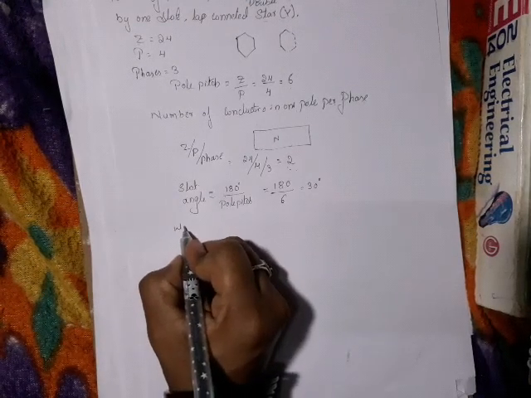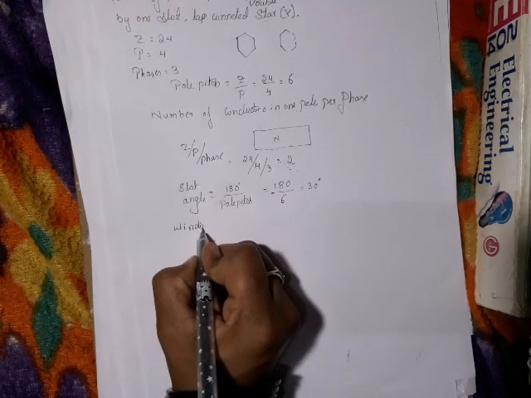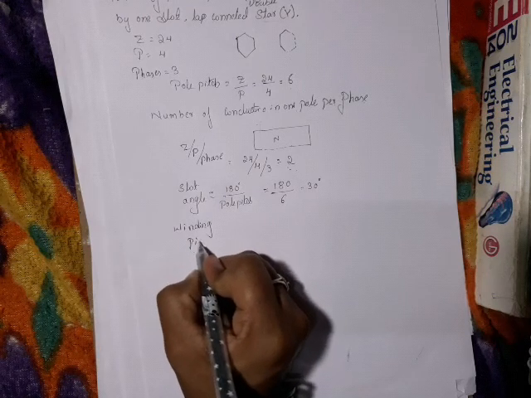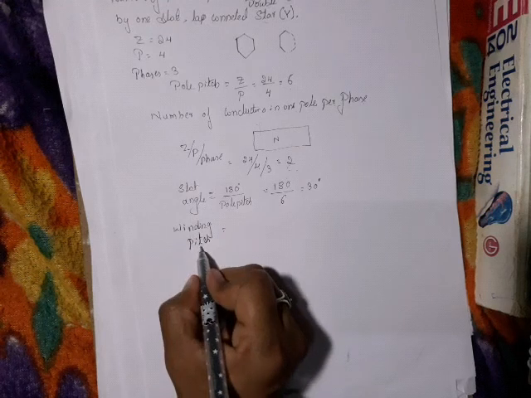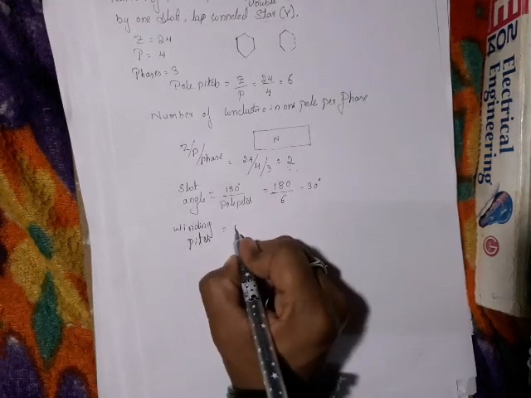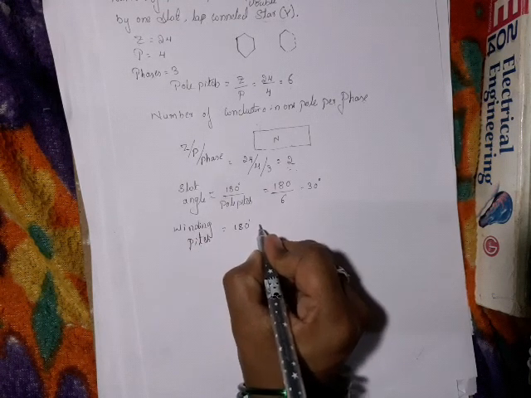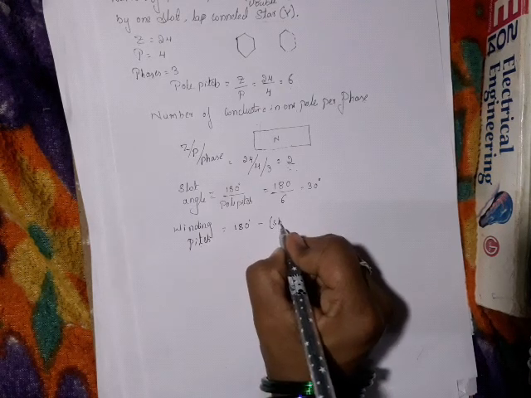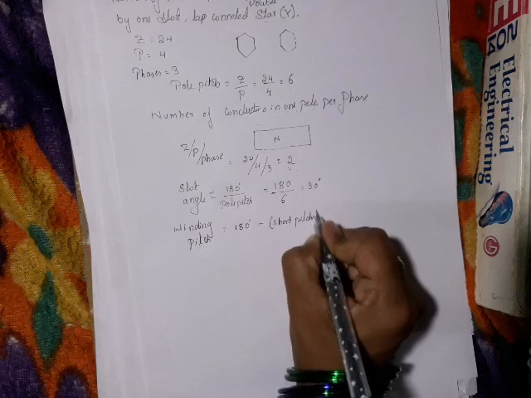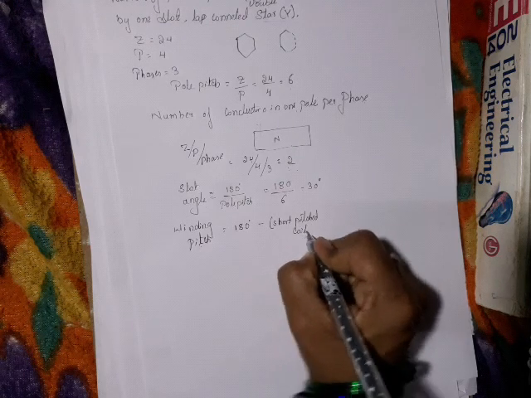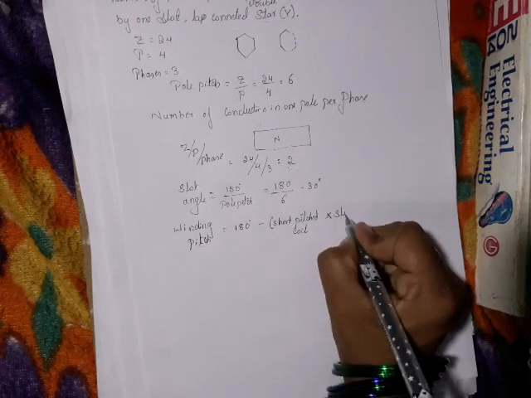Then one more calculation we need to do. That is winding pitch. This is slot angle. This is winding pitch. The formula for winding pitch is 180 minus short pitched coil multiplied by slot angle.